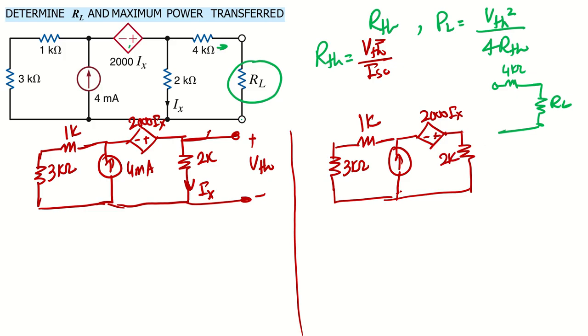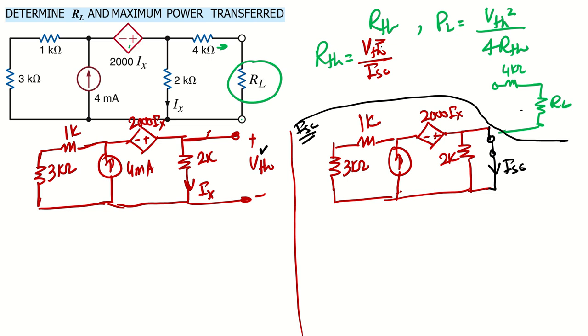So 2K here, and this point was open circuit, right? Now we will make this one short circuit here, and we will find this short circuit current. So once we find this open circuit voltage and this short circuit current, we can calculate the R Thevenin.